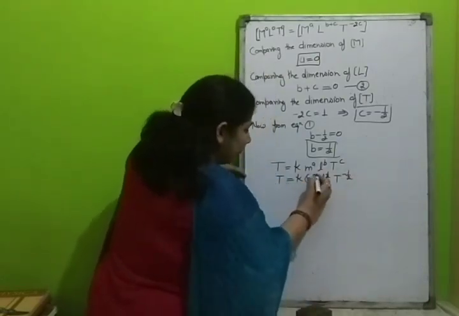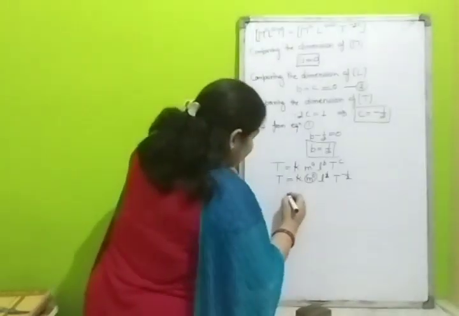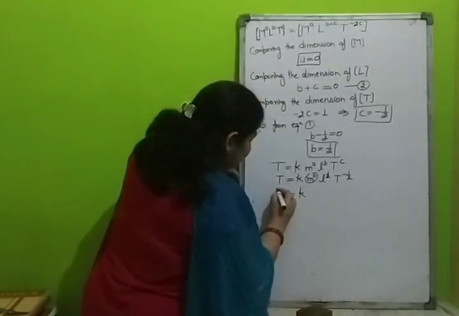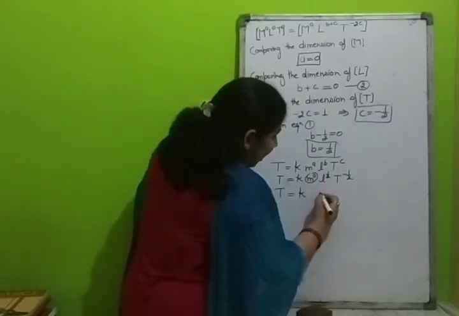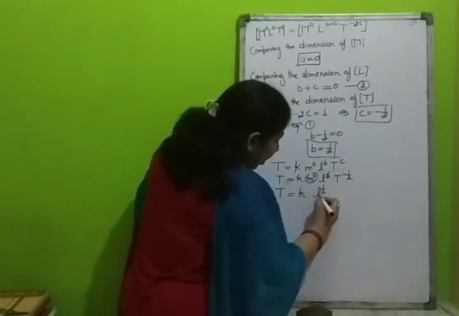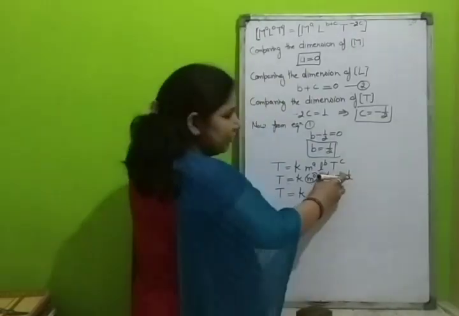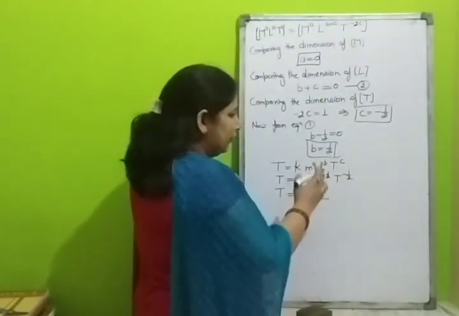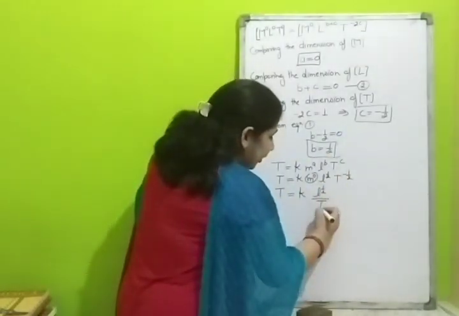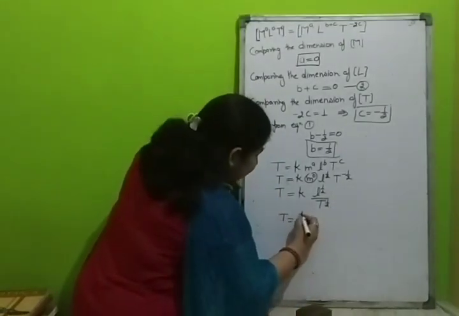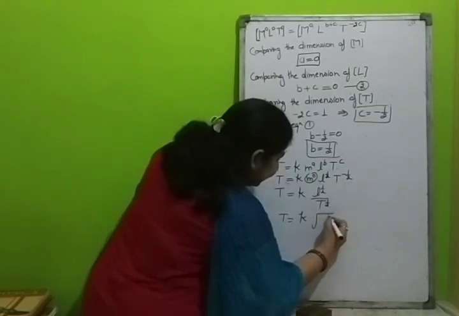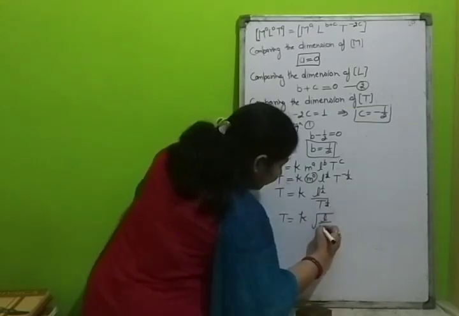Solve it. M to the power 0 means 1, so there is no term of M considered. And L to the power half upon T to the power half, as we have minus power, it comes to the denominator. Now both terms with half come inside the square root.